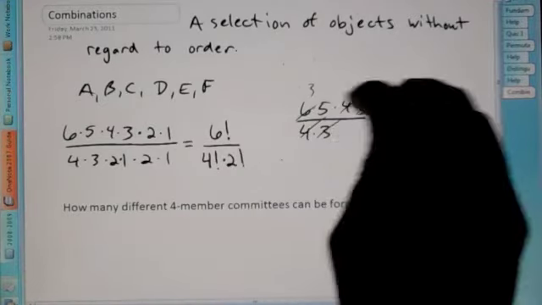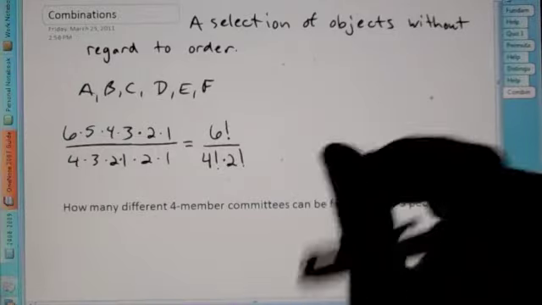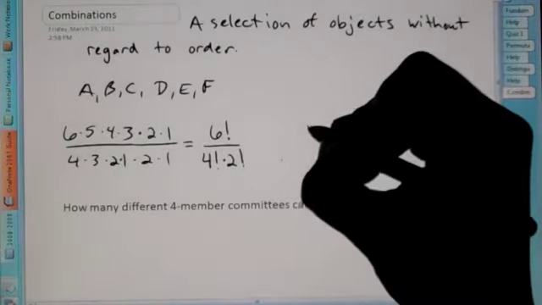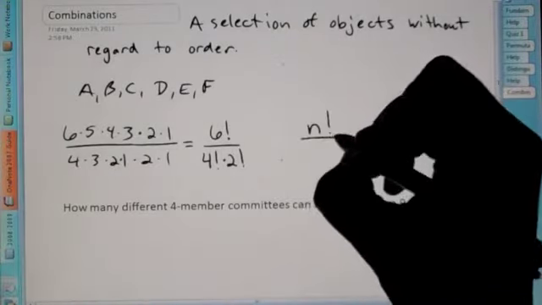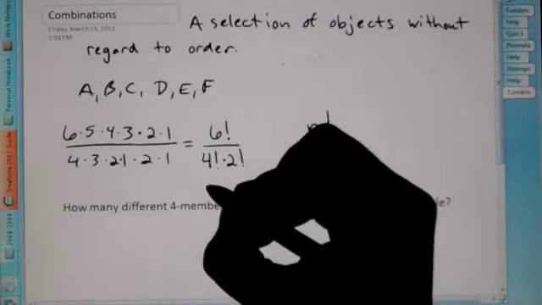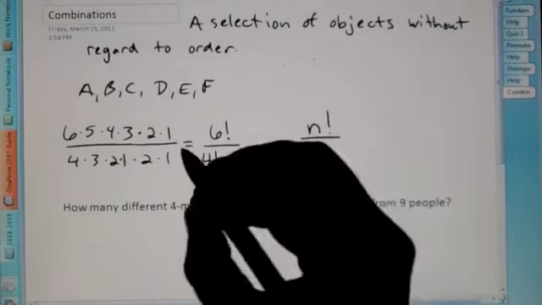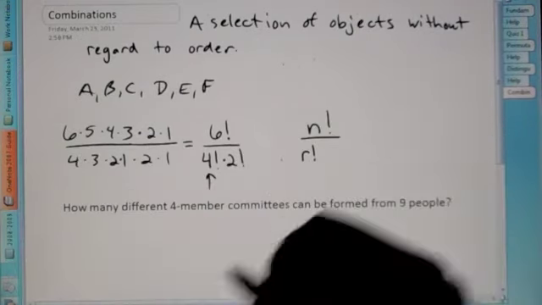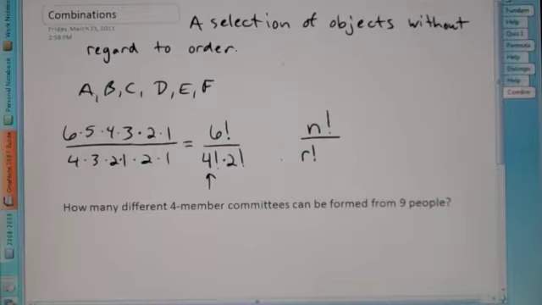So what we're going to end up doing here is coming up with our little identity. However many numbers are up top, n factorial. We're going to call the first number n and the second number r. Notice we did 6 and 4, so we call that r factorial.